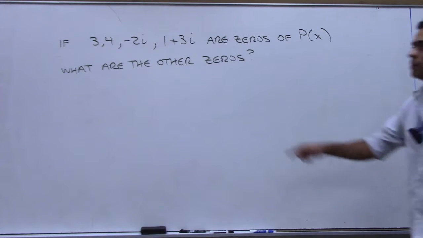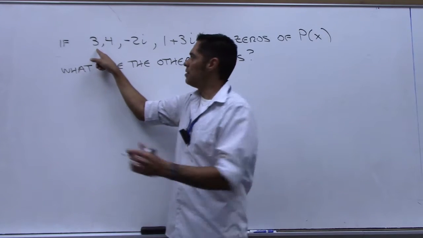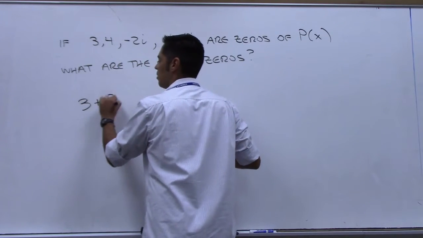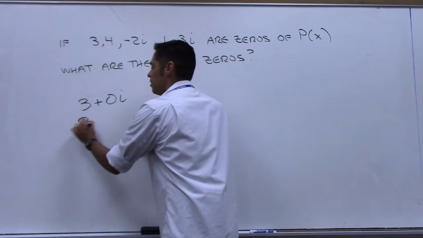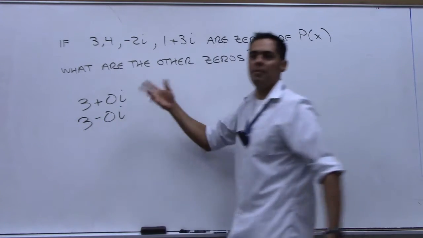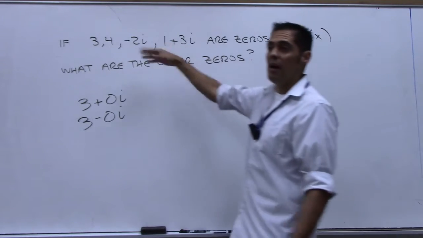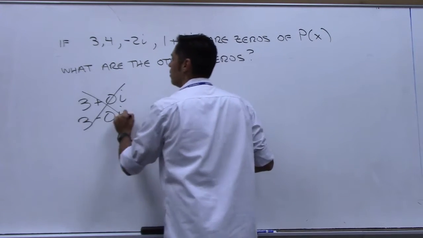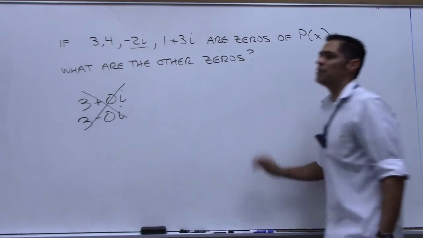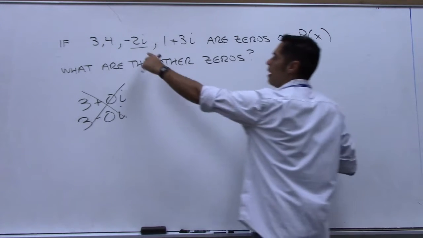So how about the 3? Do we consider the 3? No, because we could look at 3 as being 3 plus 0i, right? And then what would 3 minus 0i be? Same thing, the same number, 3, wouldn't it? So you don't even care, if it doesn't have an i, you don't even care about the pair part. But if it has an i, then you need to consider its conjugate pair. So what would the conjugate pair of this one be?